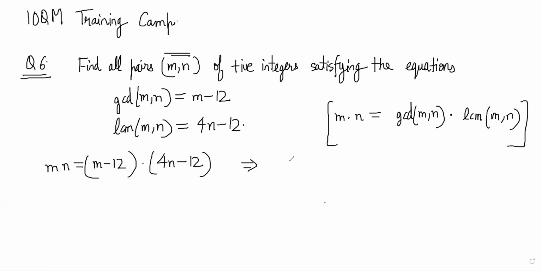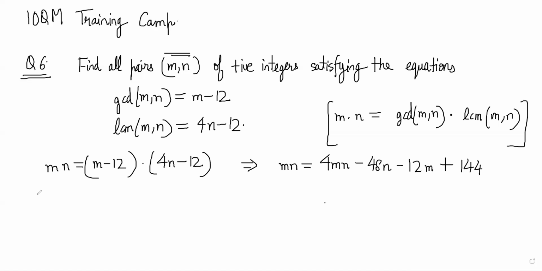If you simplify this, you get mn is equal to 4mn minus 48n minus 12m plus 144.